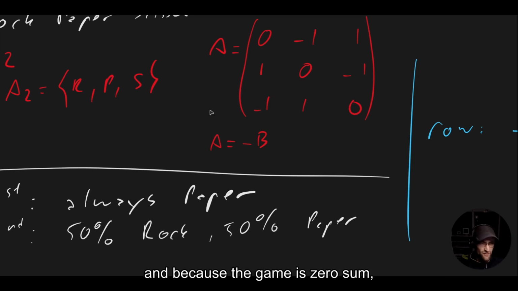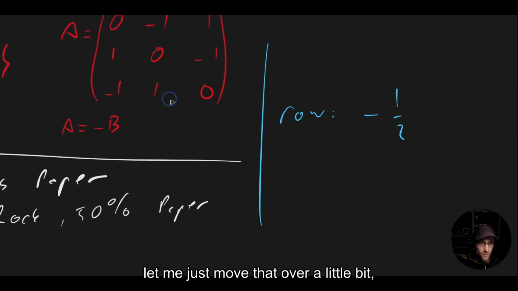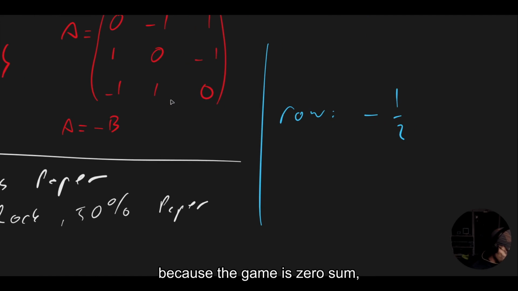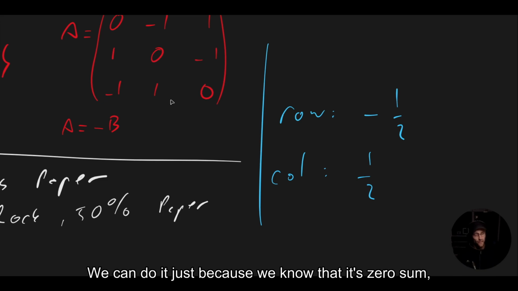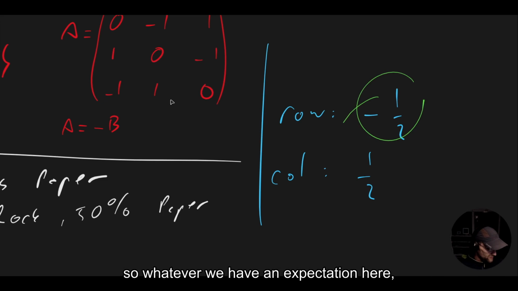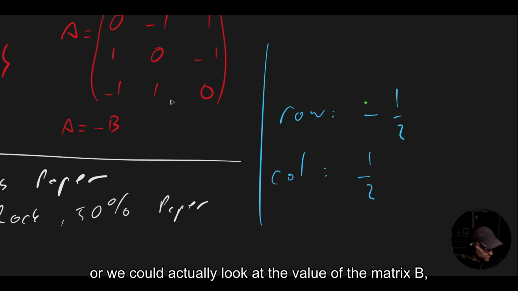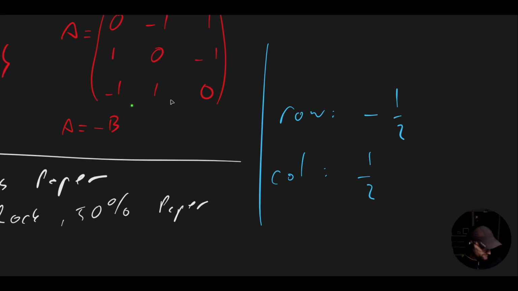Because the game is zero-sum, the expected payoff of the column player would be 1/2. Right? Those are the outcomes. We can do it just because we know that it's zero-sum, or we could actually look at the matrix B and just get the opposite numbers.